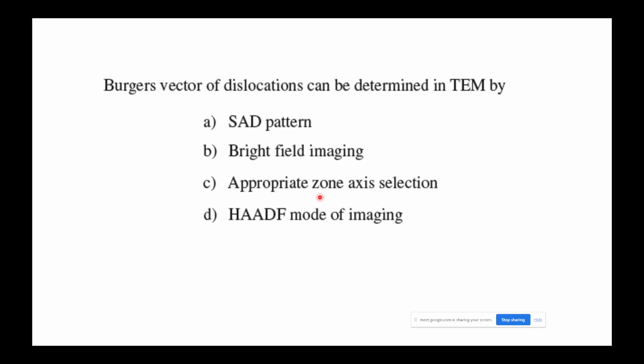You are using bright field imaging to determine the Burgers vector. The answer to this question is approximate zone axis selection, because in the theory there is no theory that says approximate zone axis selection is applicable for determining dislocation.